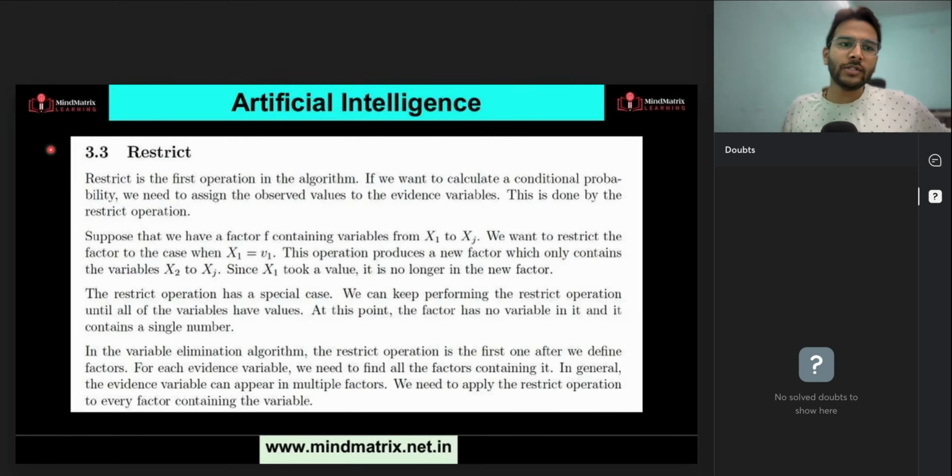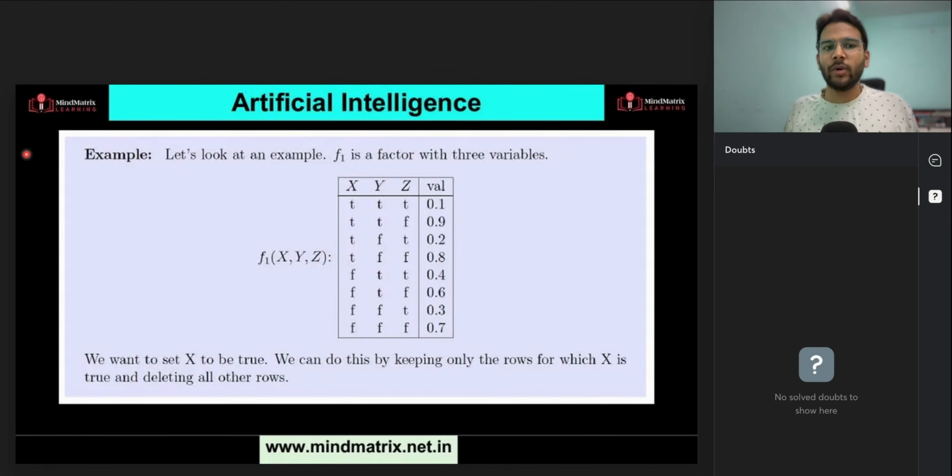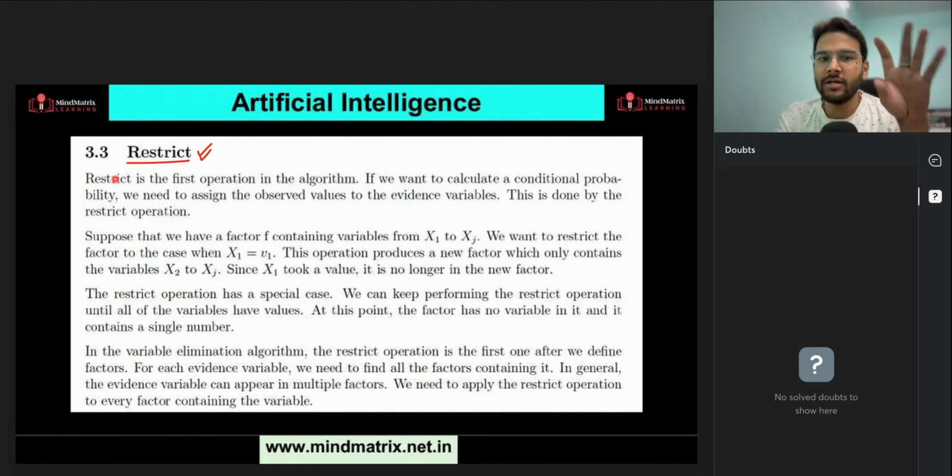Now the first operation that we can perform on any factor is restrict. What it does, let's understand through an example. I have kept these slides so that you can later on just read them, give it a read just once. More than that is not required.